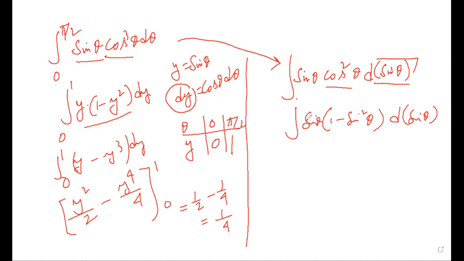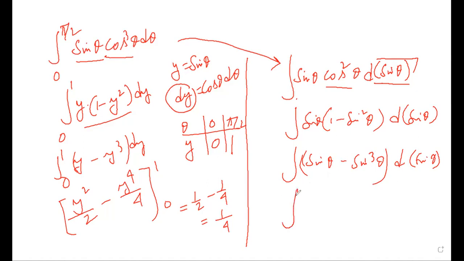So we have sine theta minus sine cube theta and d of sine theta. As our variable is sine theta, with respect to sine theta we have to integrate the integrand.